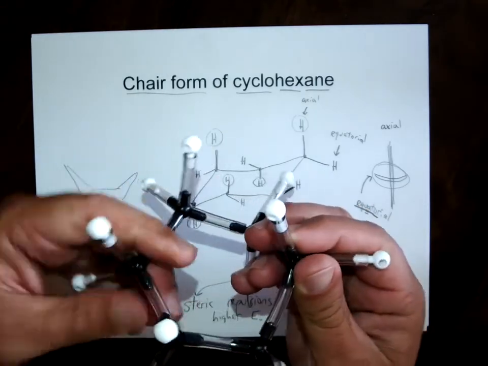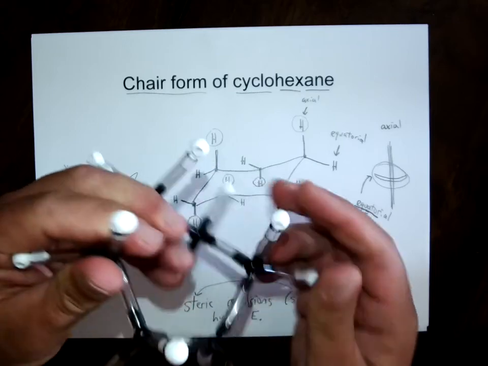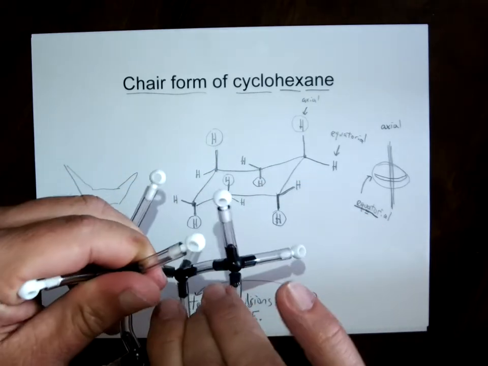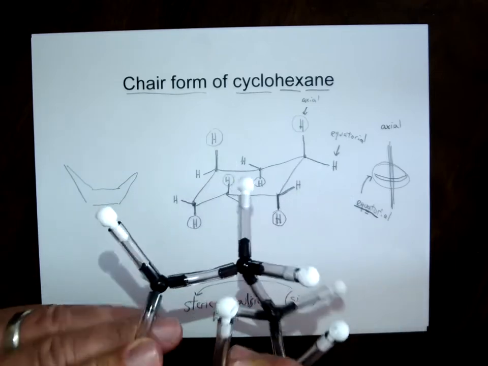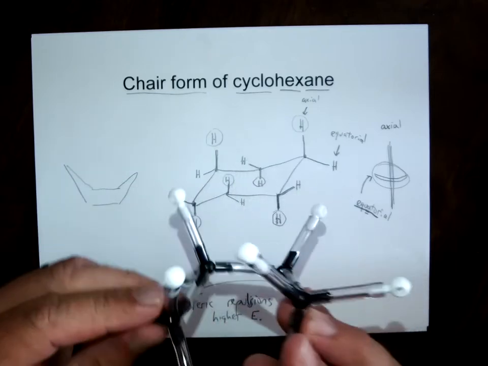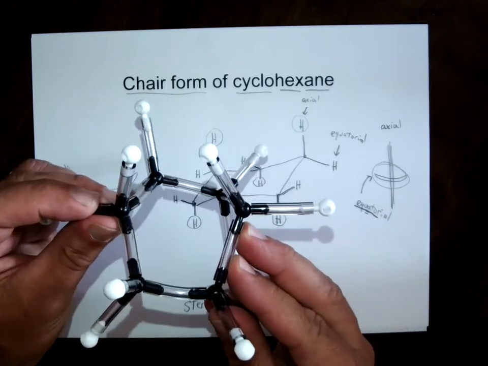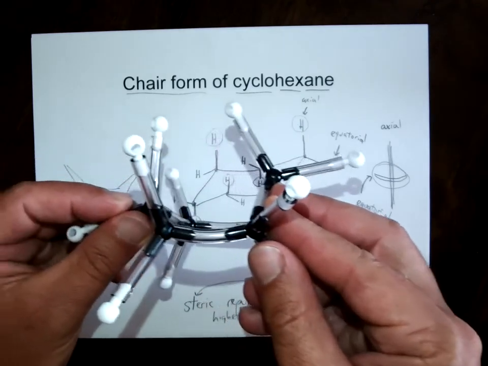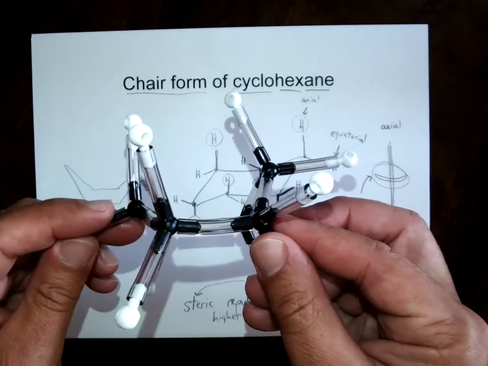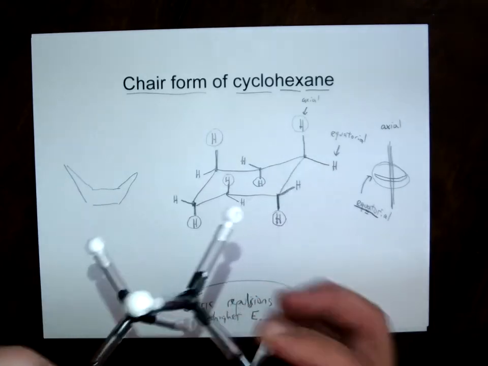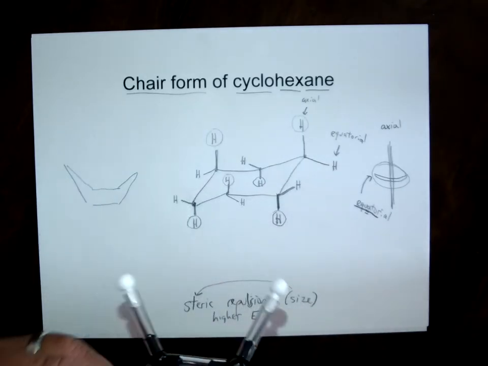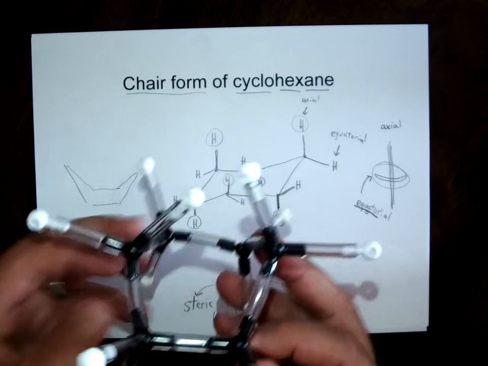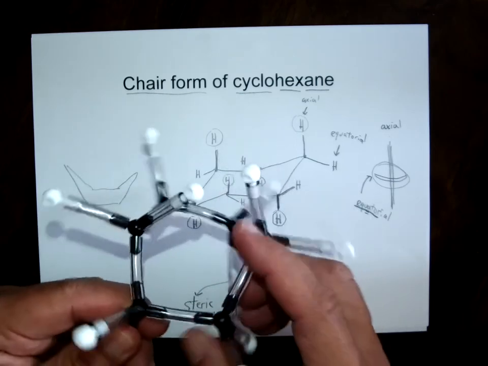And with this model set, things are a little sticky, so it's harder to make these bonds rotate so that I can show the different conformations. But this one is the boat form, and you can sort of see it's like a little boat with a bow and a stern. Again, getting these to sit in the right conformation with this sticky model set, the one we have in the lab, is a lot easier to manipulate.